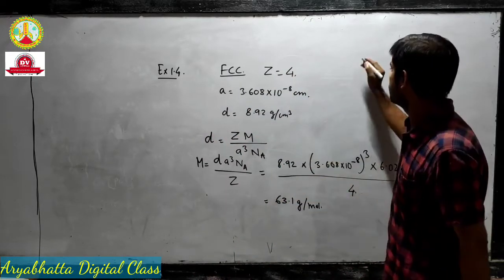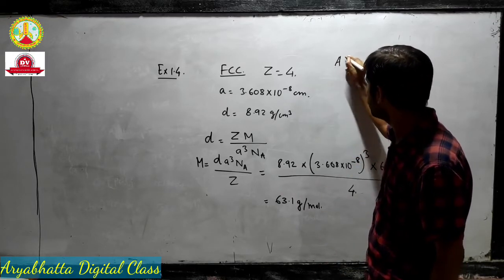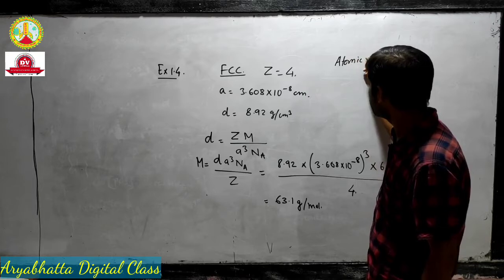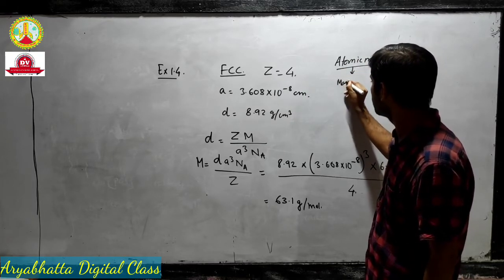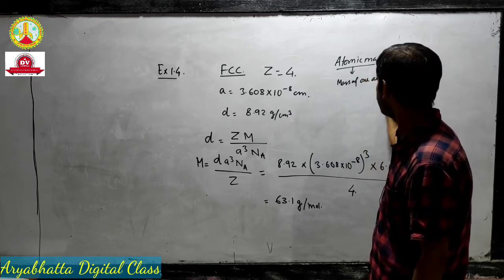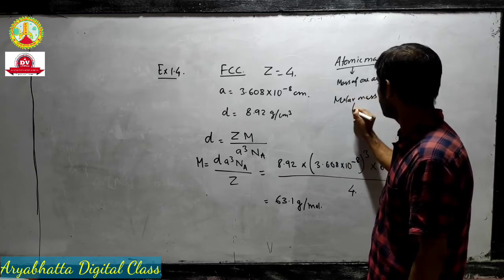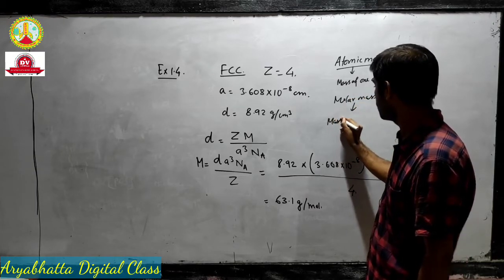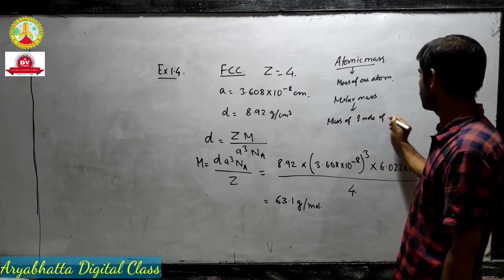That means there are 2 types of mass. One is atomic mass, which is the mass of 1 atom. And molar mass is the mass of 1 mole of atoms.